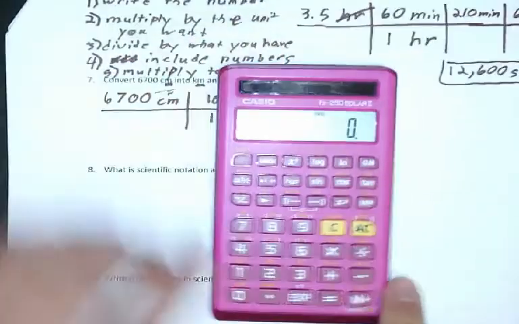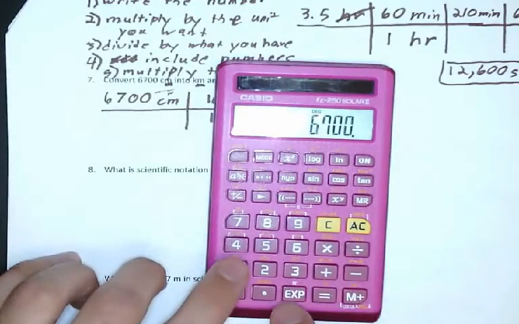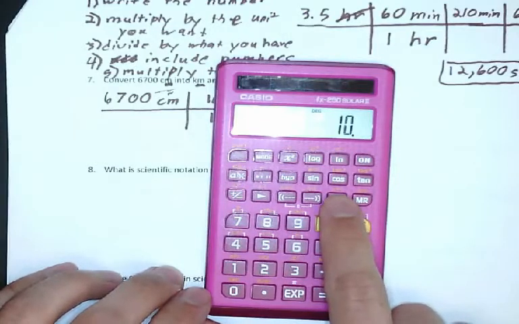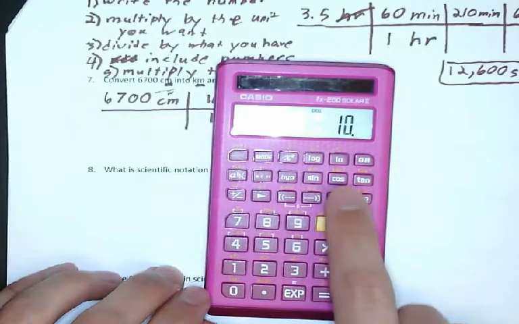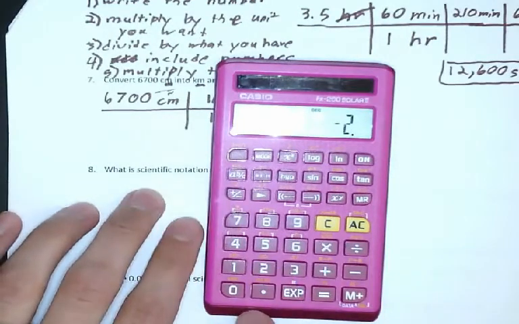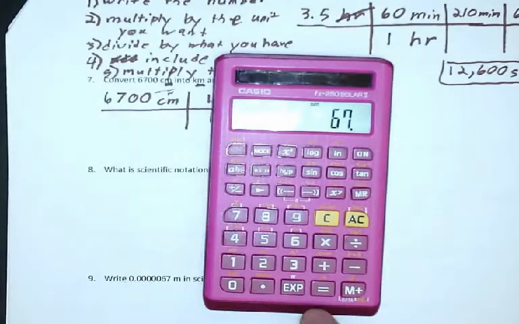Hit the power button on your calculator, and then put in the power, which is negative 2. Equals, and you should get 67. Make sure you're getting it. I want to make sure you can do it on your calculator, because if you can't, I need to know so I can help.